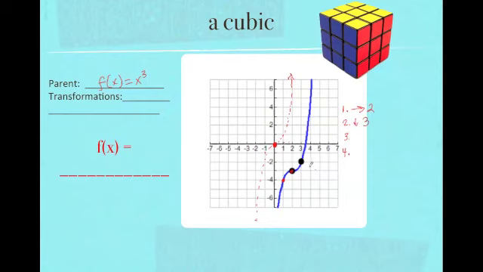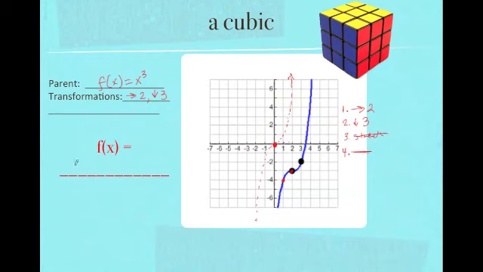Now there's no narrow, it's not narrower or wider, so I don't have to worry about my stretch. And it's not reflected, so I don't have to worry about the reflection. So the transformations would be to the right 2 and down 3.